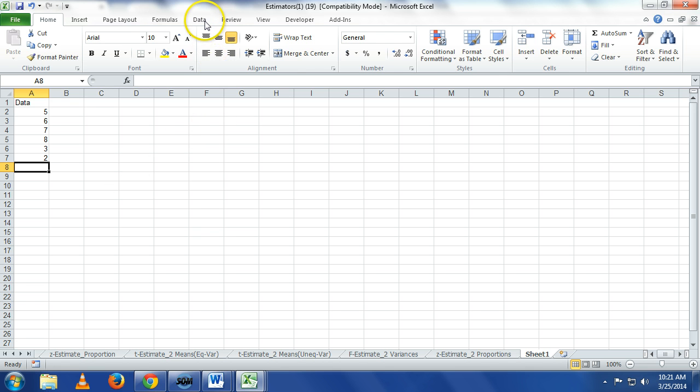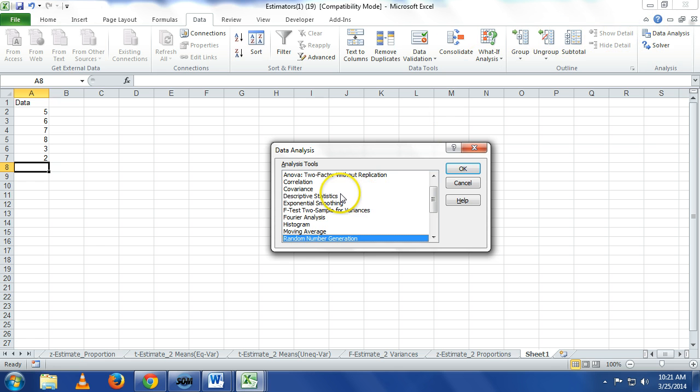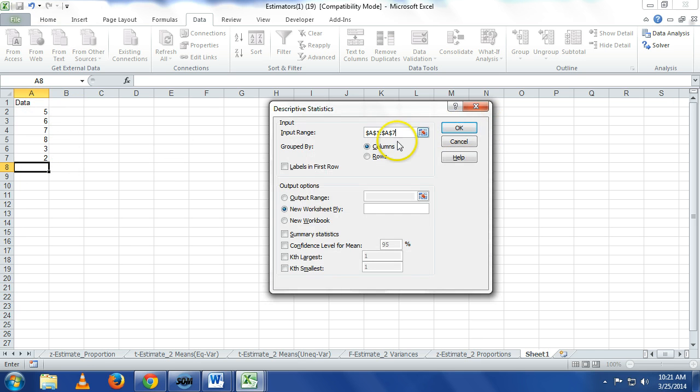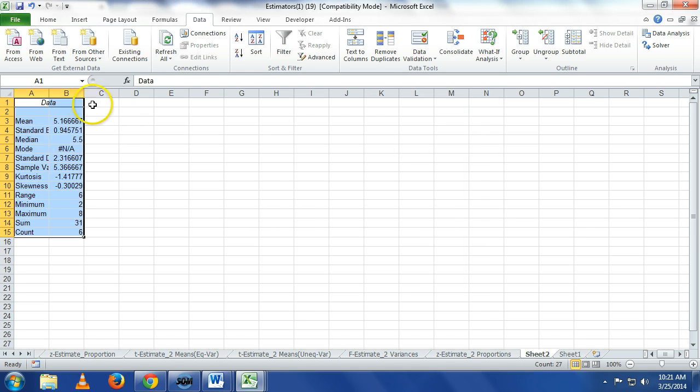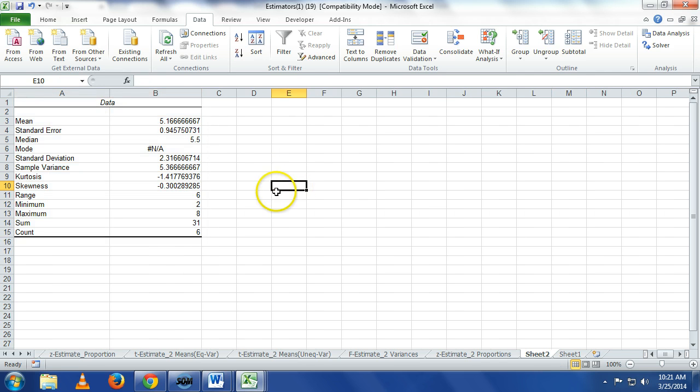I can go up to data, data analysis, descriptive statistics, click OK. I say my data is from A1 to A7. There are labels in the first row, new worksheet, summary statistics. I click OK. It comes back and it gives me my mean and my standard deviation. Where is my mean?